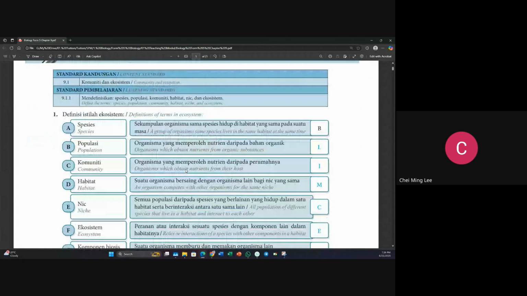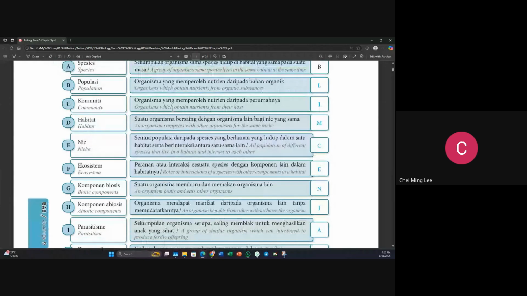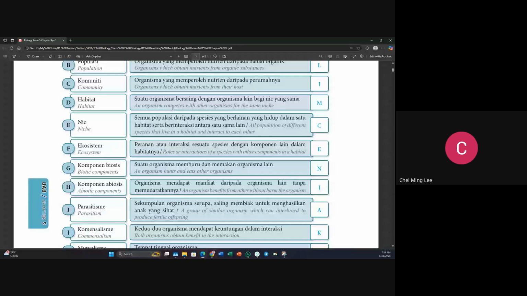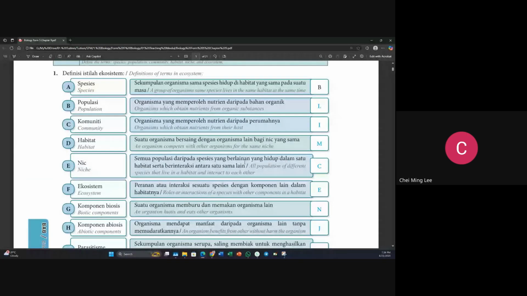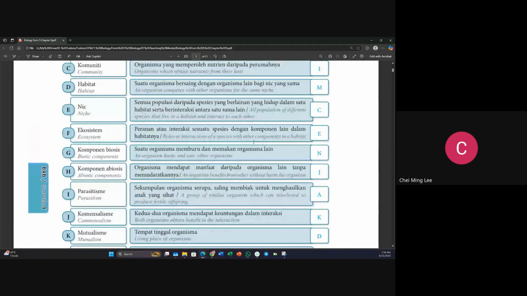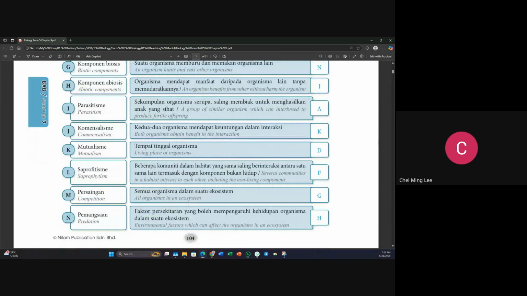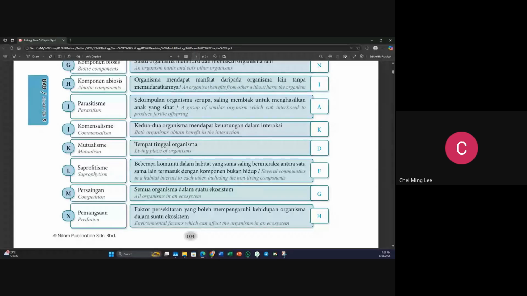Now let's see some definitions of terms. For the first one, species. Species are a group of similar organisms which can interbreed to produce fertile offspring. Fertile offspring means healthy offspring.